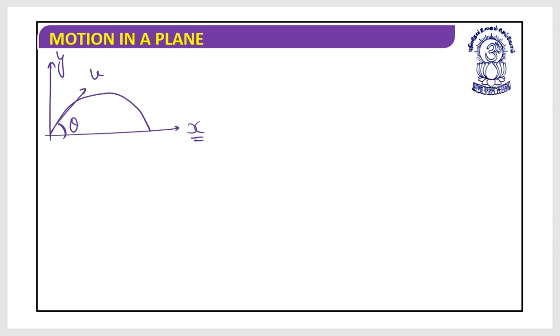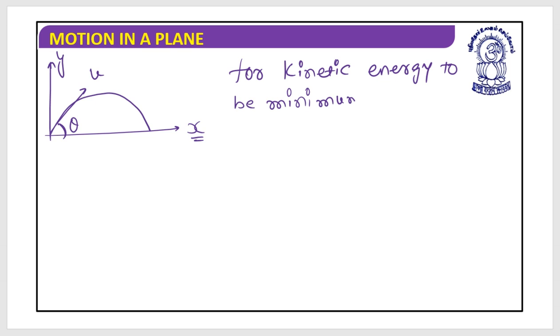Where would kinetic energy be minimum? What I know is, for kinetic energy to be minimum, velocity should be minimum. Do you agree with me?